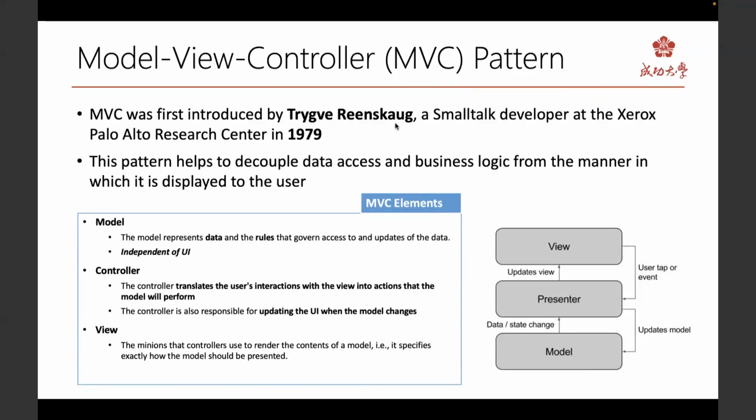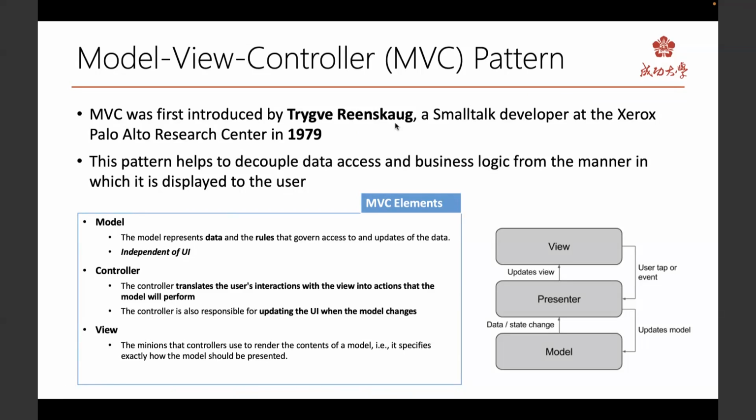This design pattern helps to decouple data access and business logic from the manner in which it is displayed to the user. To be more specific, this pattern divides the classes in our app into three camps: the model camp, the controller camp, and the view camp.